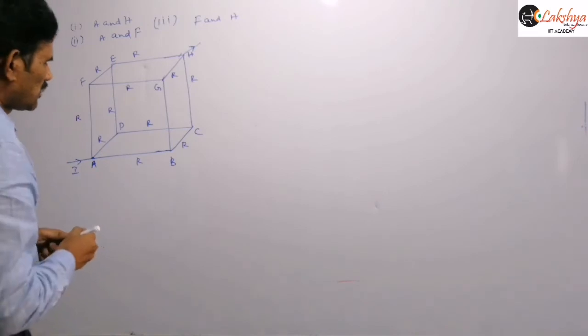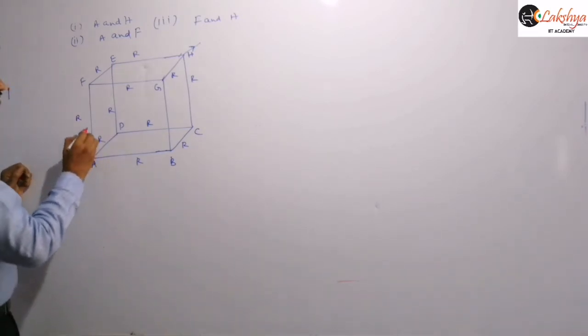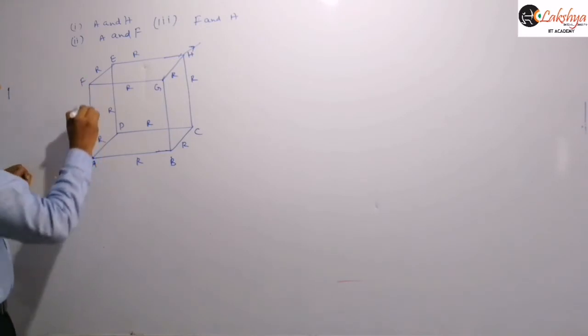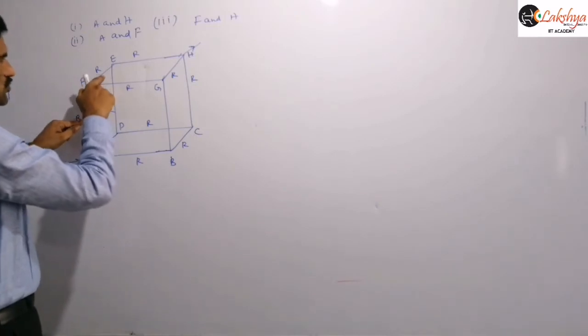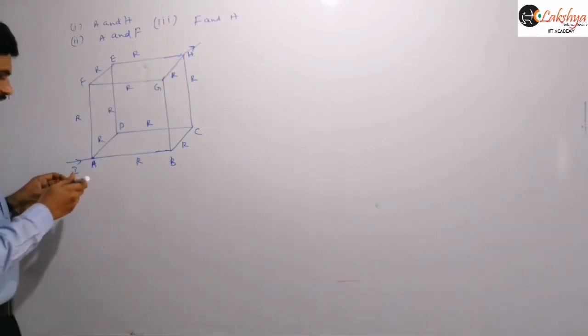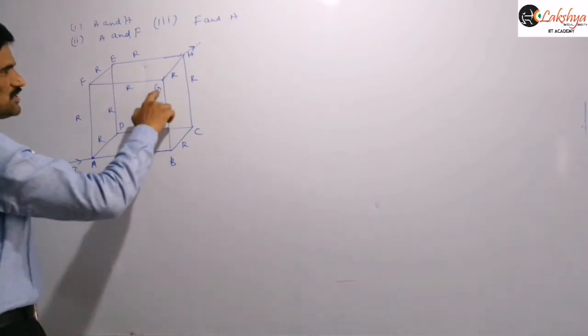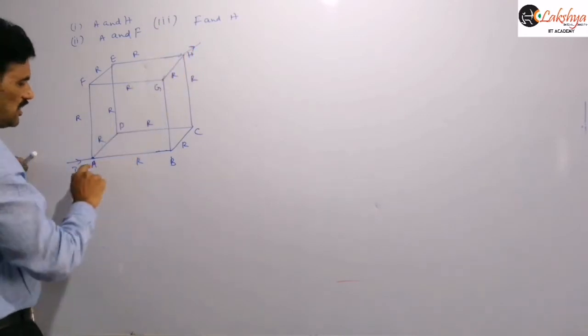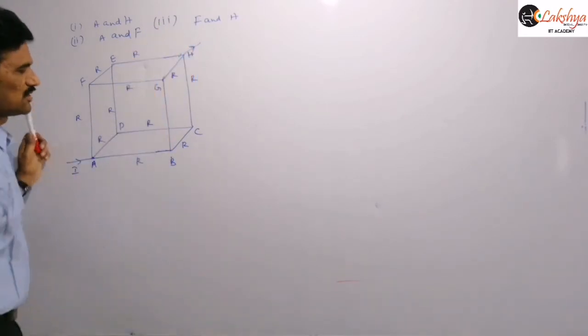Now suppose one of the paths I am taking like this: A, F, E, H, that is R, 2R, 3R. 3R resistance we are crossing here, right? And next I am taking the path A, B, G, H: R, R, R. 3R resistance we are crossing here.